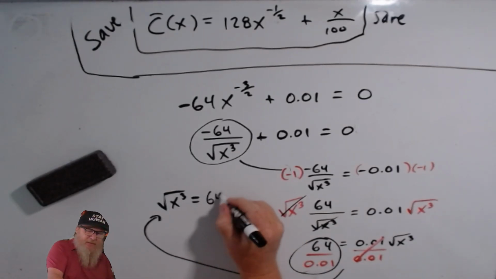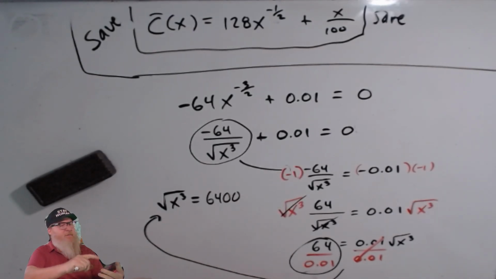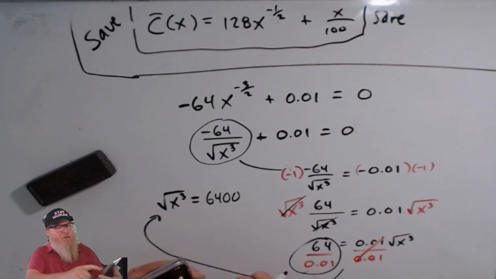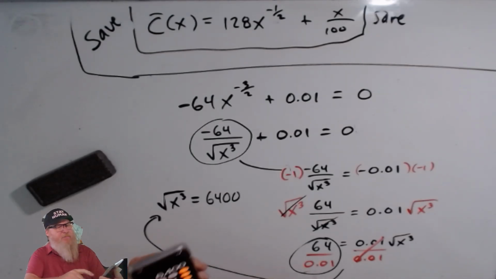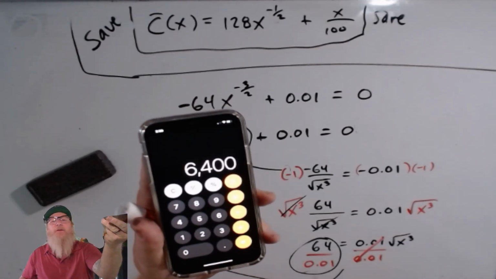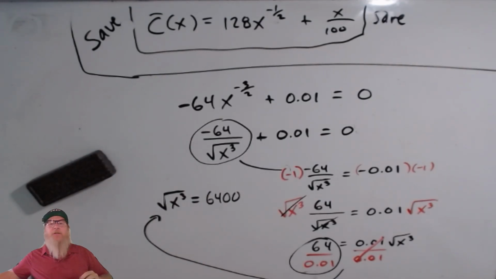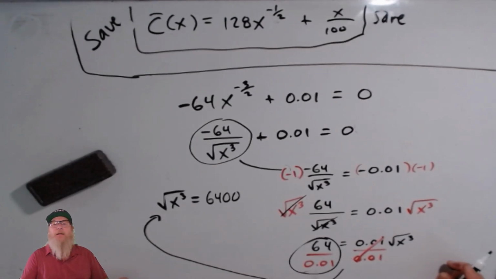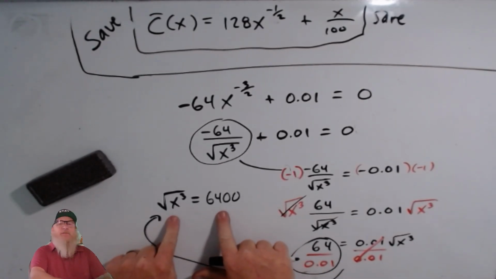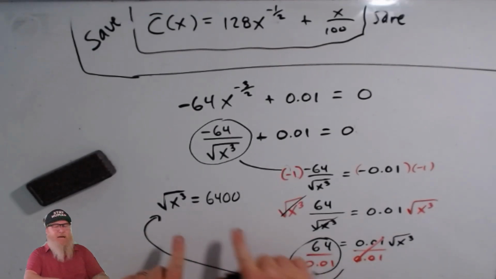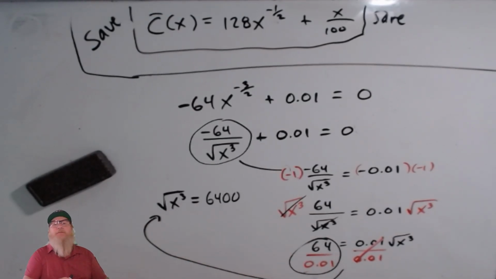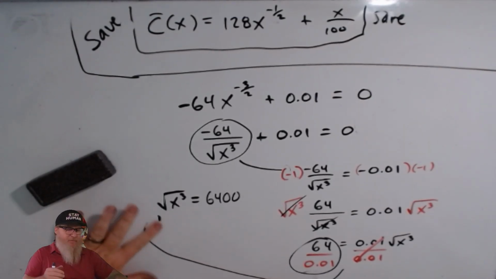It's going to be 6,400. Let's see, 64 divided by 1 cent. Yeah, 6,400. I just switched sides so that my x is on the left, just for convenience.